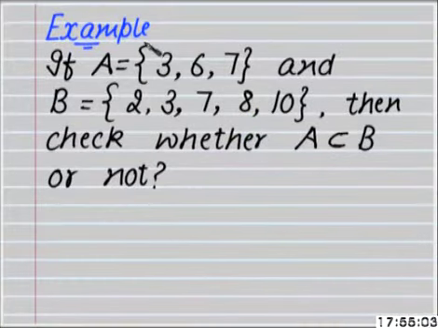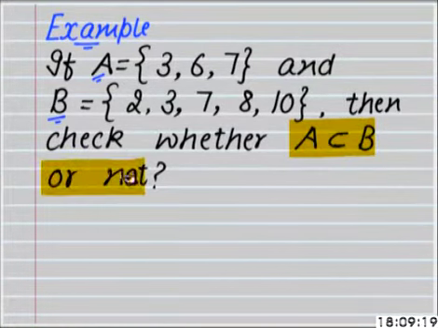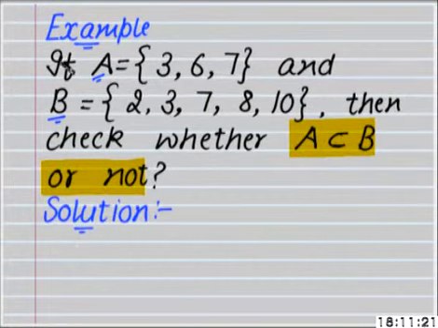Now let's see another example. If set A containing elements 3, 6, 7 and set B containing elements 2, 3, 7, 8 and 10, then check whether set A is a subset of set B or not. Now its solution.